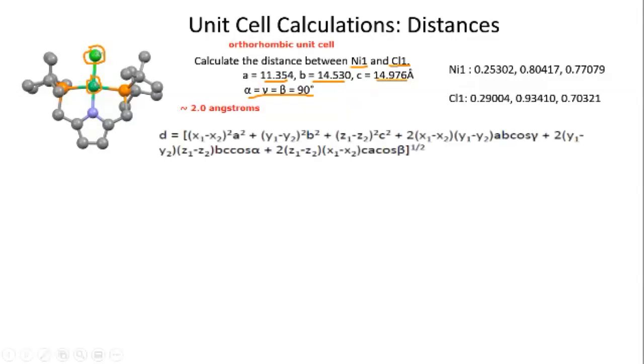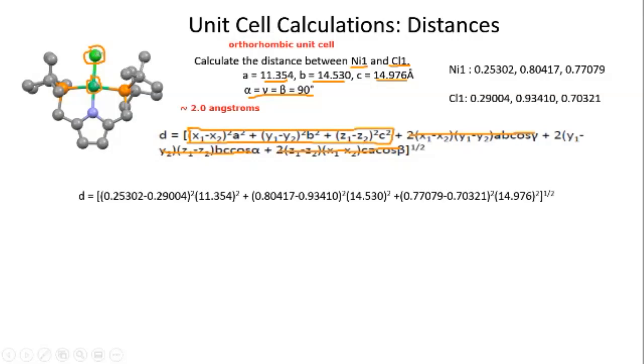So we set up our equation. Now, since we're dealing with orthorhombic, this cancels out, this cancels out, and this cancels out. So all we're left with is this component right here, which makes it a lot easier to calculate the distance.